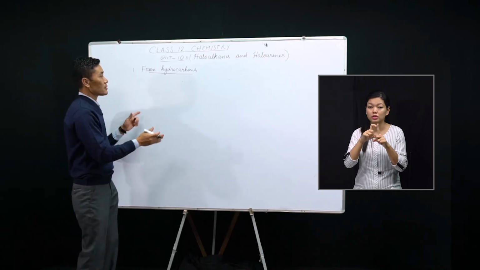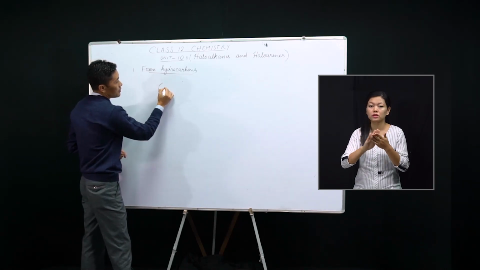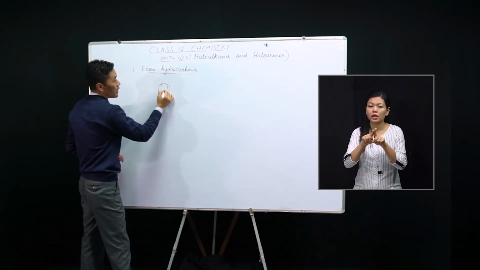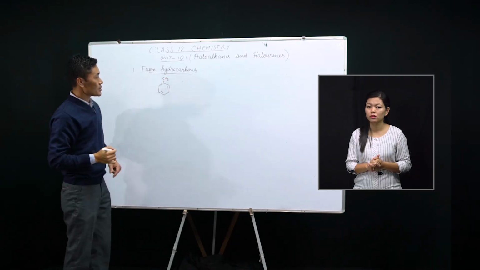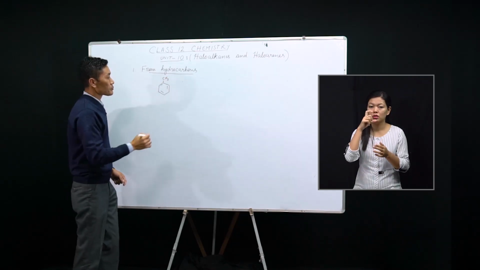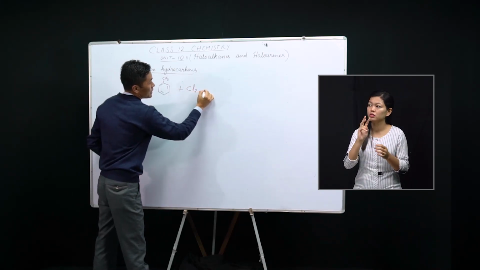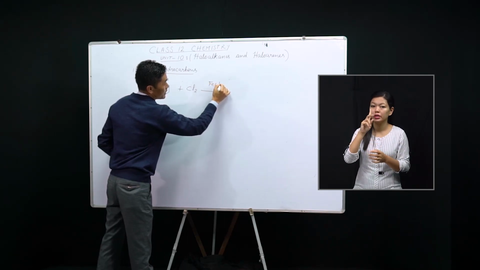So let us see some examples here. If we take an arene like toluene, this is C6H5CH3, we treat it with chlorine in the presence of a Lewis acid catalyst like ferric chloride.